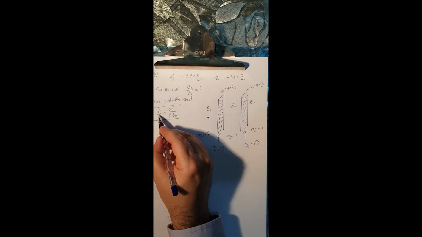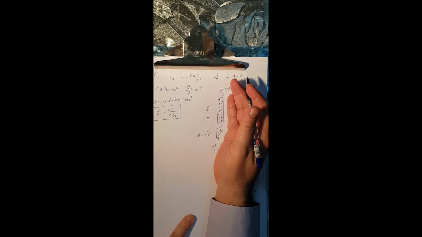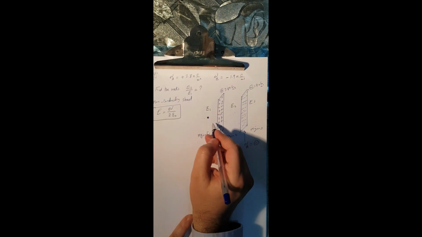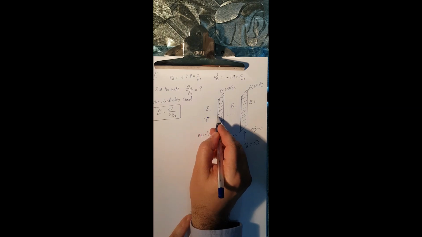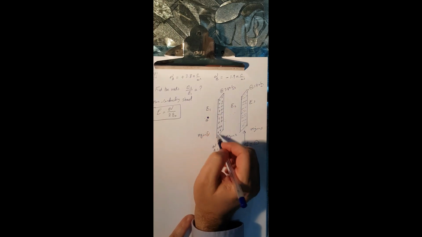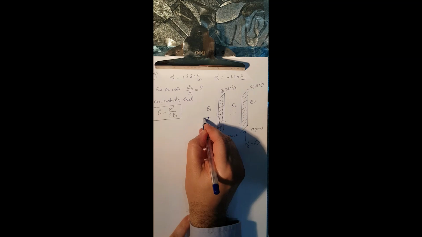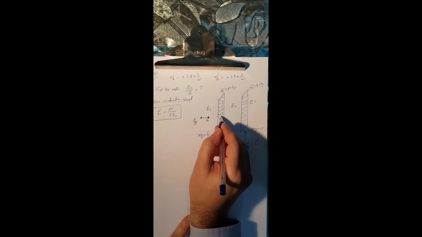It's equal to sigma of the plate over 2 epsilon naught, if I have just this plate. Which way is it? Remember, we put a positive test charge, so the field of the positive plate will be a repulsion in this direction. So this is E of the positive plate.